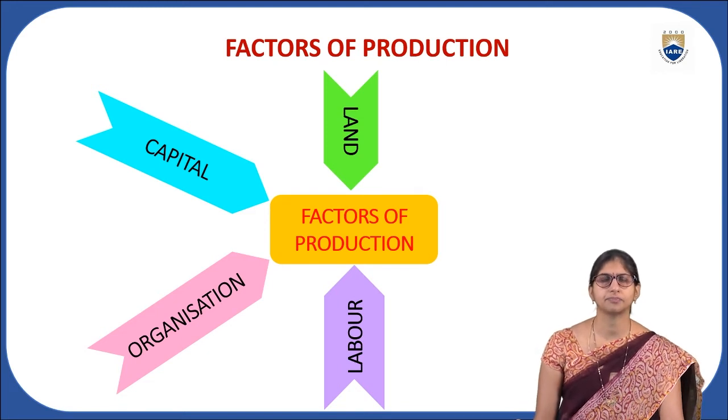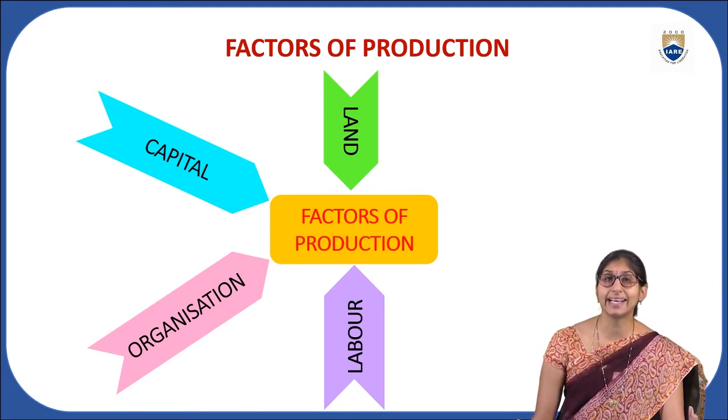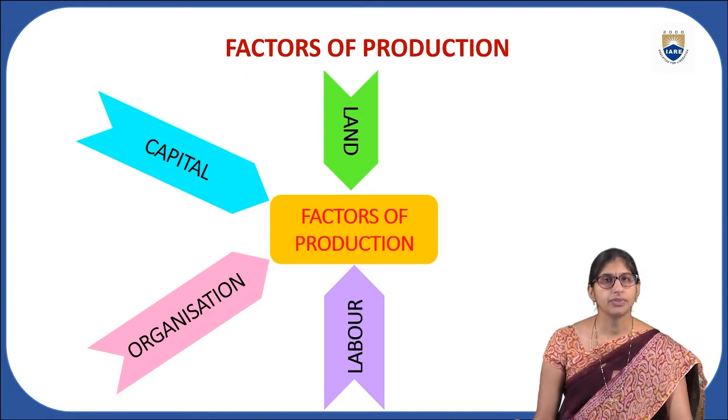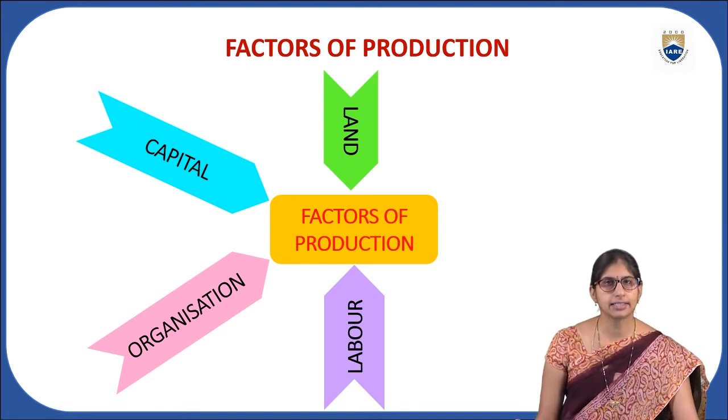To do production, we require all these ingredients: land, labor, capital, organization. But do we require all of them equally? No. For example, in the case of a software industry, we require more capital, and it should be managed, so we should have organization and capital.